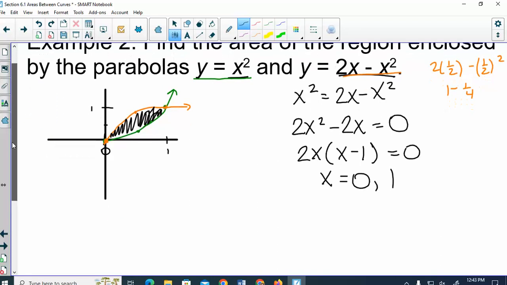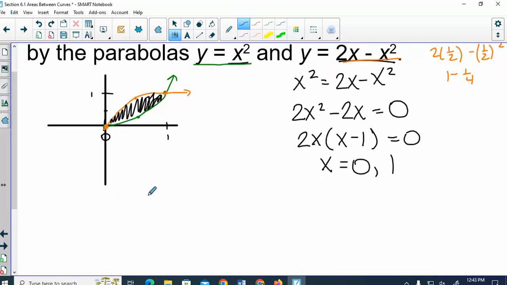So when you set this up, we're using x's, so everything has to be an x value. So my starting x is 0, my ending x is, right?